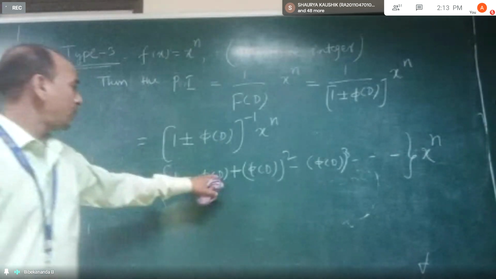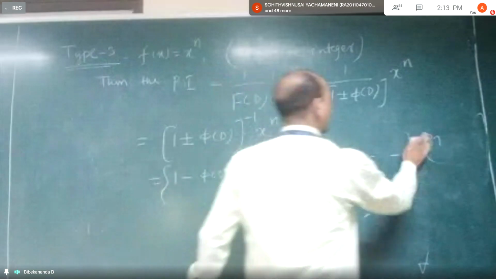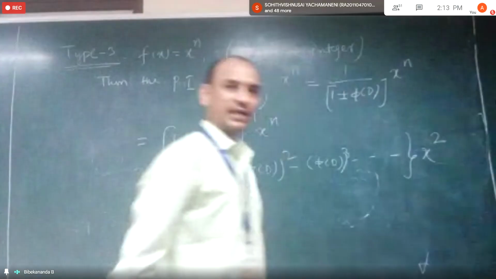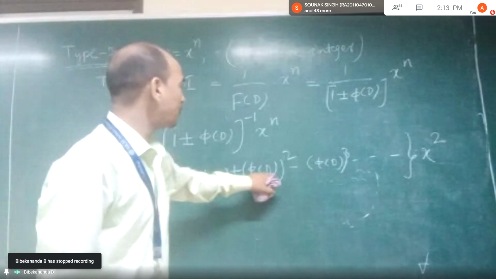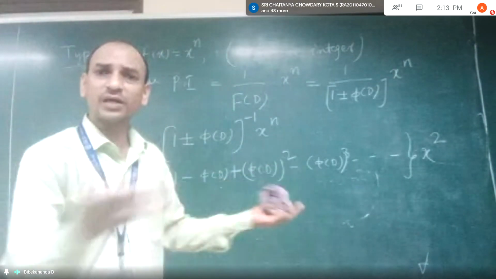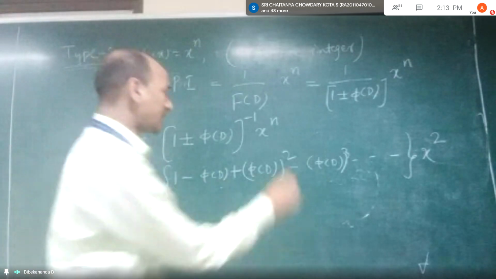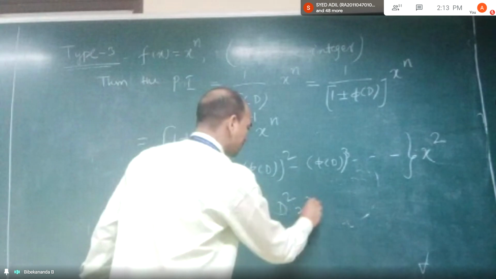As you know, the d is the derivative. So if n is 2, then I have to expand up to maximum second order derivative. After that, all the terms will be 0, because second order derivative is up to d square, because d square x square.